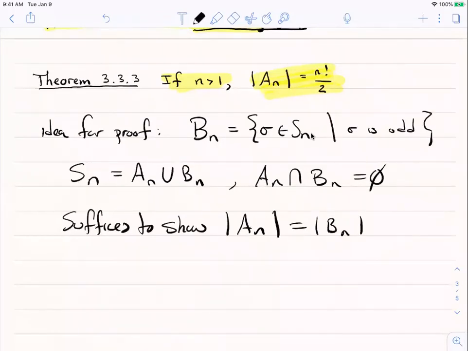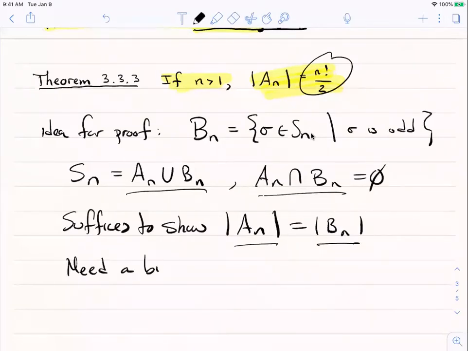Because if together they add up to everything, no overlap, if they're the same size, then they both have to have size half of S sub n. All right? And one way to show that two sets have the same size is to get a bijection between them. Not a homomorphism, just a one-to-one onto function.